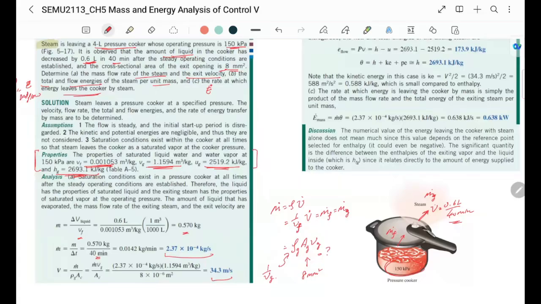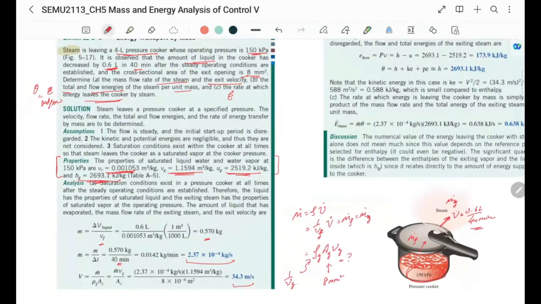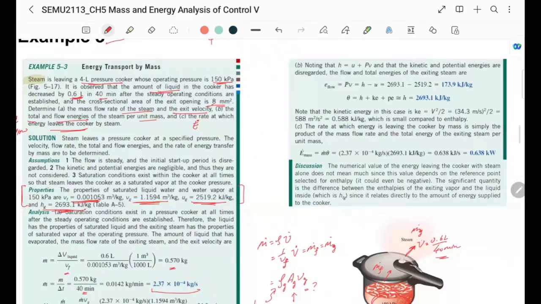Then next is the total and the flow energy. So maybe let's find the flow energy first.